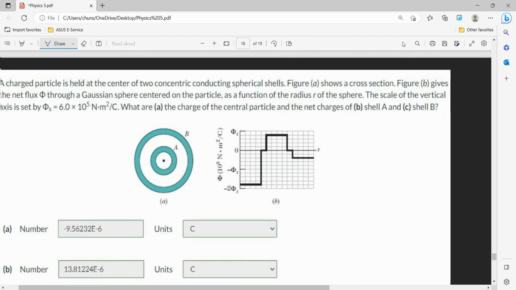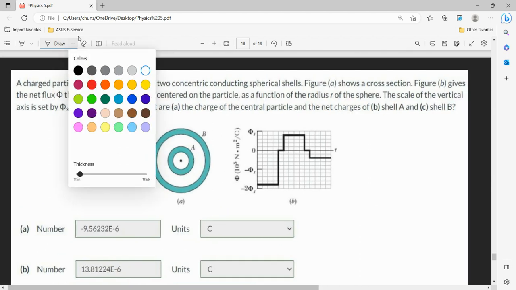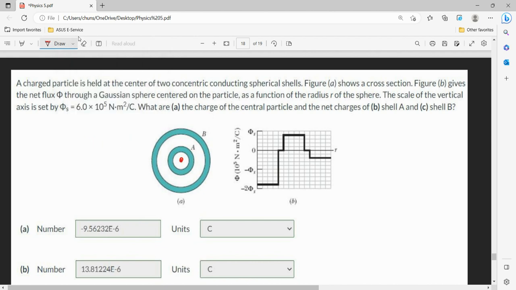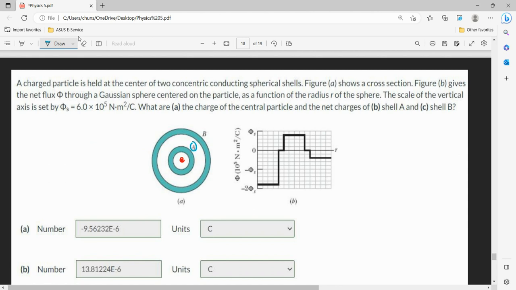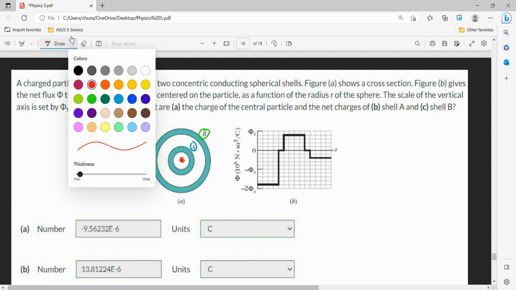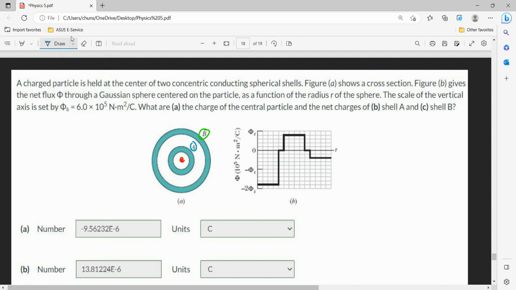So it wants us to find our flux at 3 different points: at the center, in between at A, and outside both at B. So if you start with the center, you're just going to deal with the center on its own. Once you get to A, you have to deal with whatever flux is produced at A, and look at whatever is produced at the center. And B takes into account all 3.